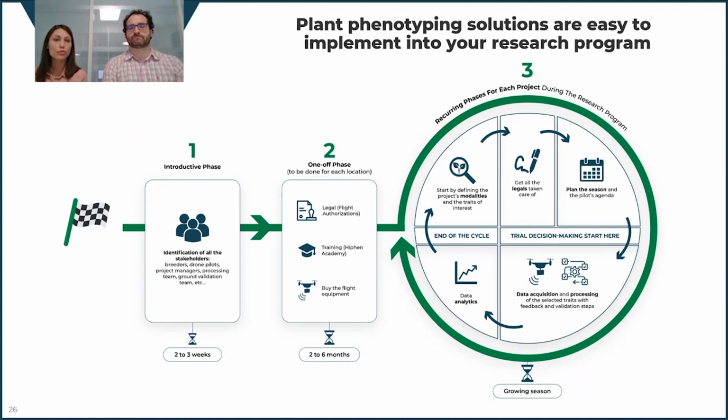Then for sure, you also need to train your drone pilots. For this, we have the Hiphen Academy, our e-learning platform where you can learn step by step how to acquire the best images, with the high quality necessary for agricultural image analysis. At the last step, you also need to buy the flight equipment. Then you will start phase 3, which will recur every year.